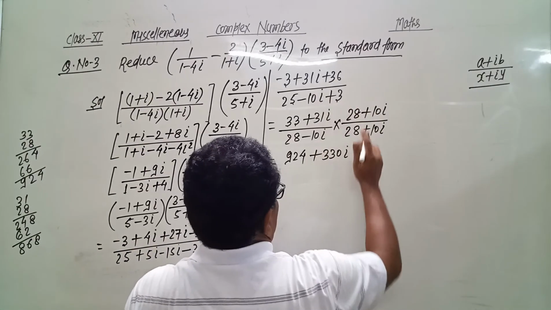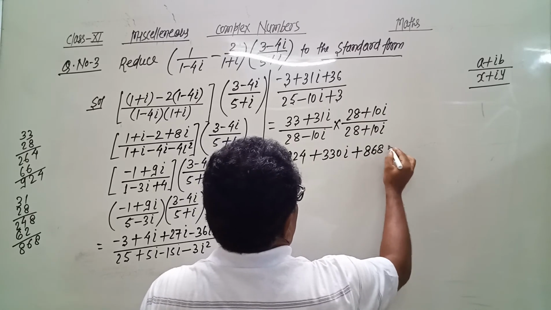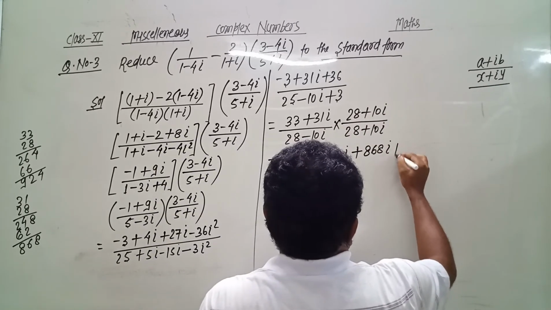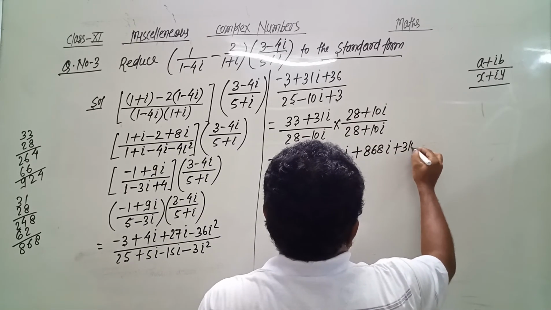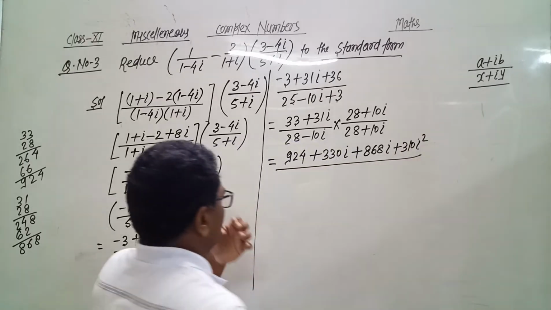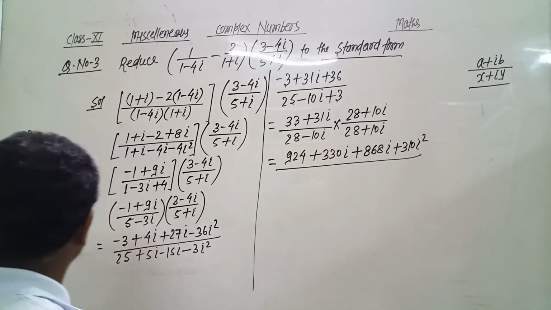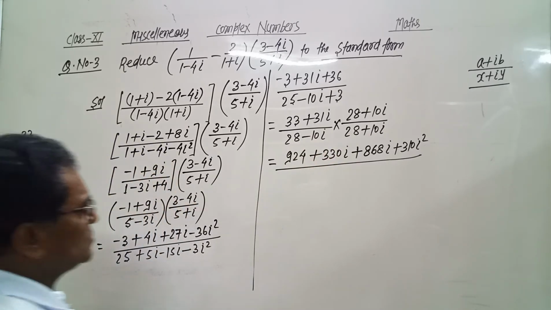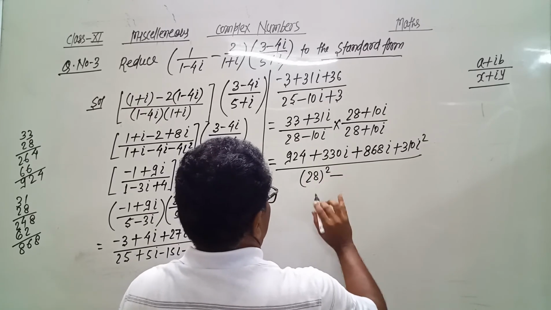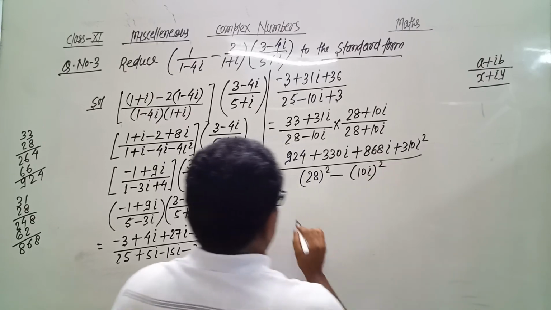So 31 iota multiplied by 28, 868 iota. And 31 into 10, 310 iota into iota, iota square. And this is a minus b into a plus b. So a square means 28 the whole square minus b square means 10 iota the whole square.